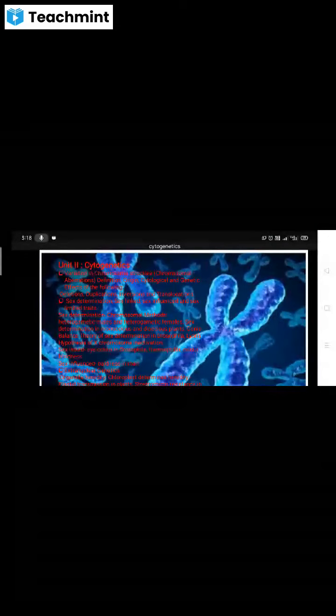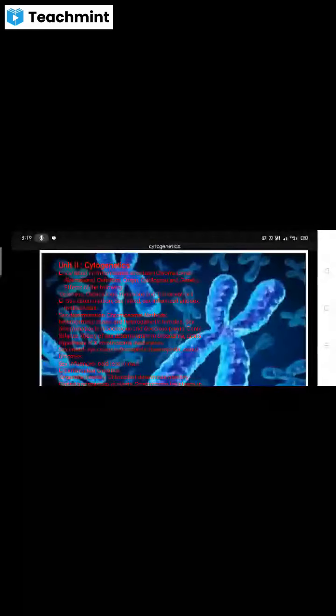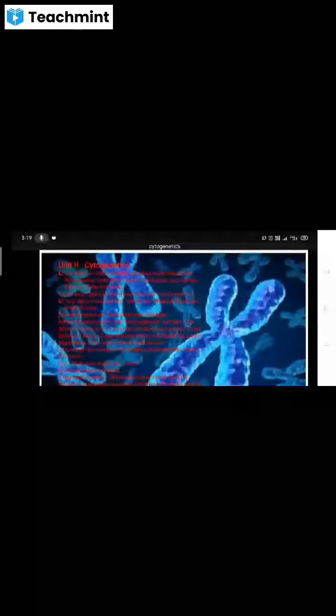Then also diseases like baldness in man. This baldness in man is also a sex influenced disease. This is another term: these diseases are related to, or depend on, the particular sex.